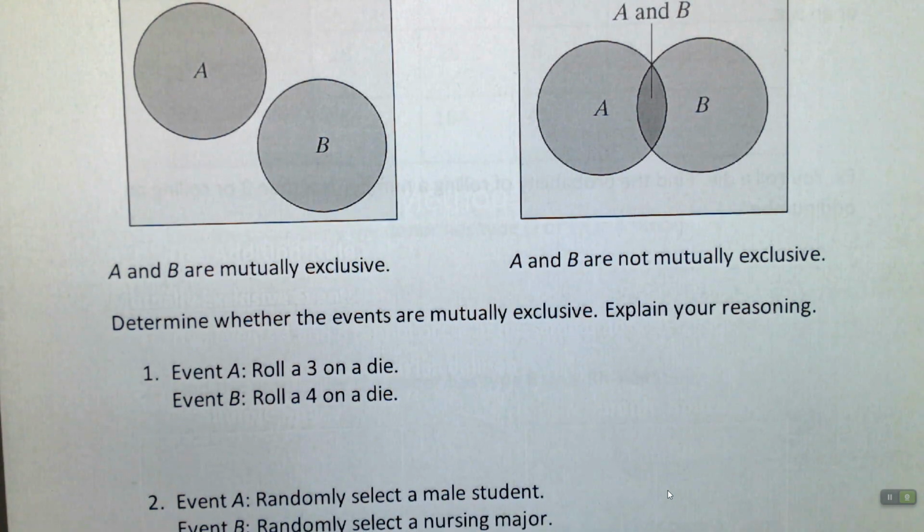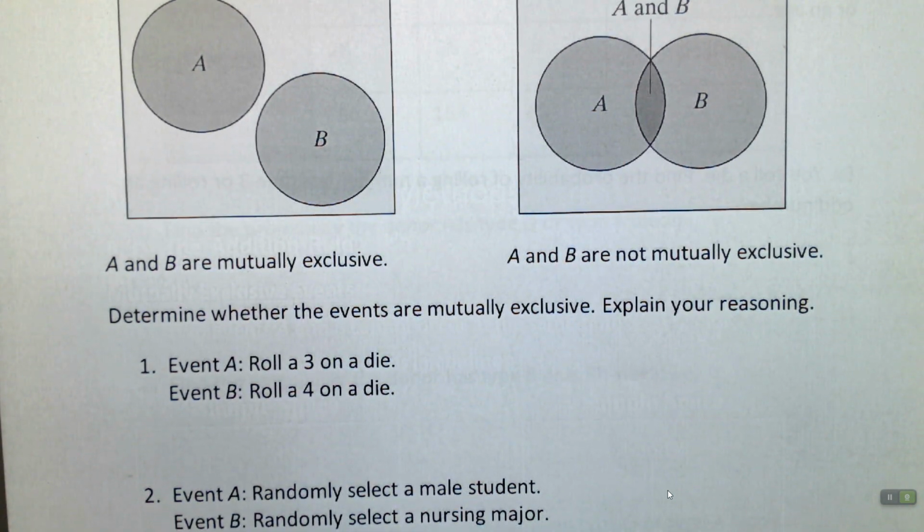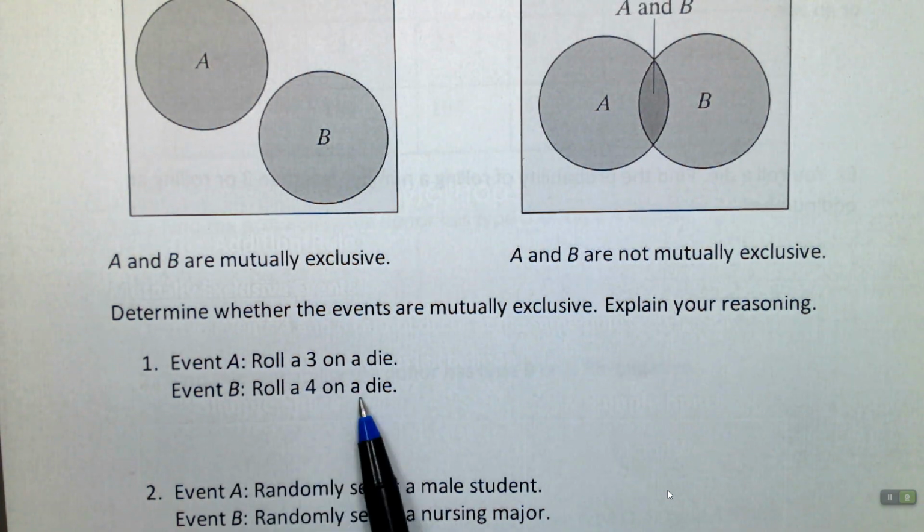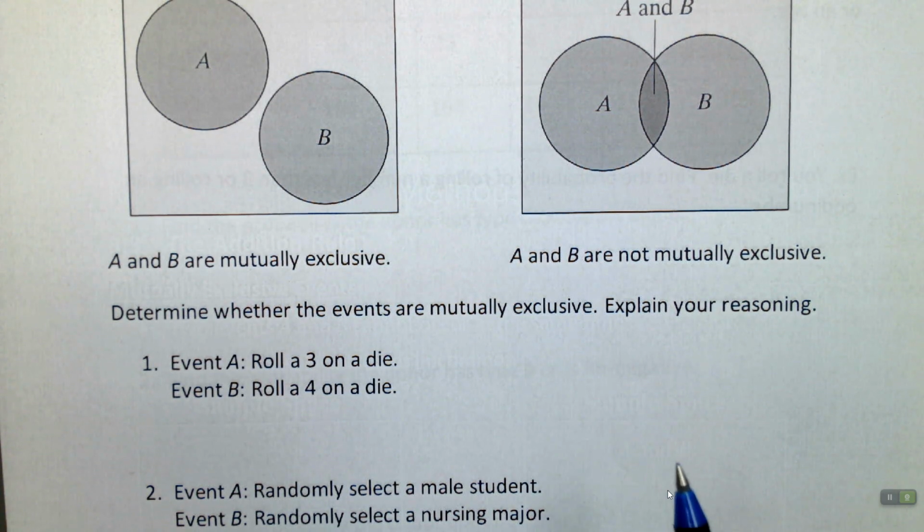Determine whether the events are mutually exclusive and explain your reasoning. So event A, roll a 3 on a die. Event B, roll a 4 on a die. When we're talking about mutually exclusive events, we're only doing one thing. With the multiplication rule, we were picking more than one thing.